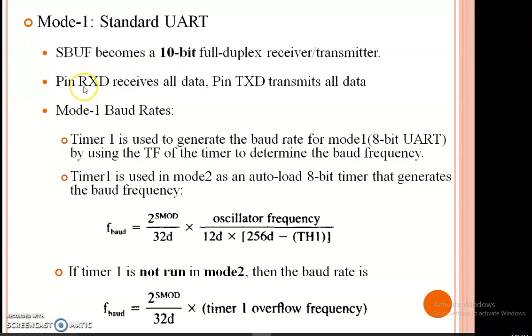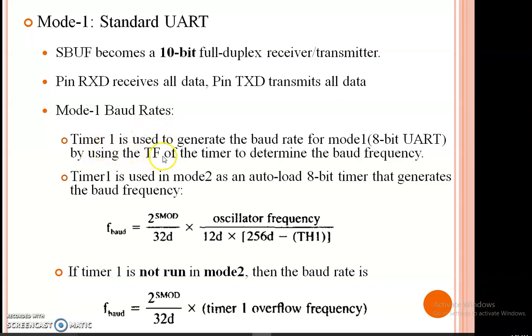So here, same thing, RxD is used for reception, TXD is for transmitting, with the help of port 3 pins. Then here we are going to use a variable baud rate in mode 1. So how to select the baud rate, how to select the speed of the communication? Using timers you can generate the baud rate.